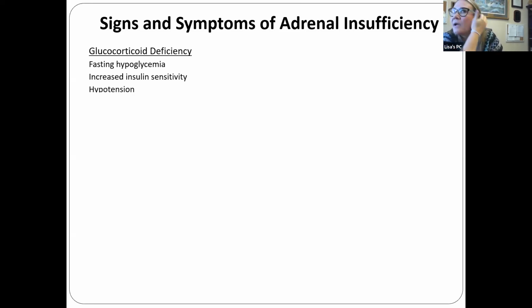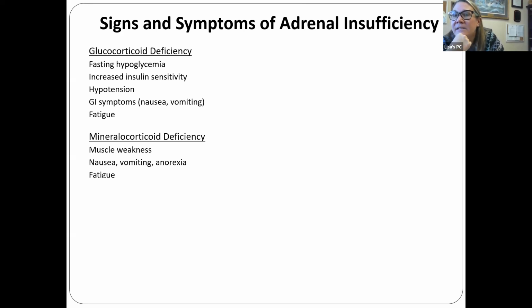I mentioned that your cortisol modulates your catecholamines' effects on blood pressure, and so you can see hypotension, nausea, vomiting, fatigue. With mineralocorticoid deficiency or a salt wasting crisis because of low aldosterone, you can see muscle weakness, nausea, vomiting, anorexia, fatigue, salt craving.